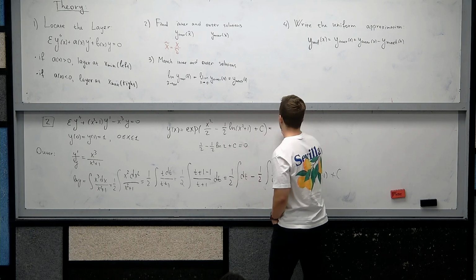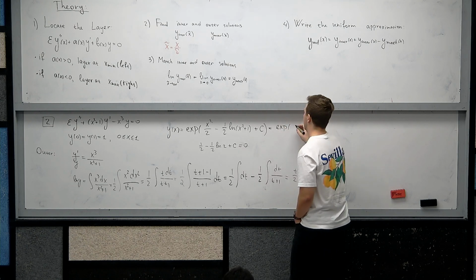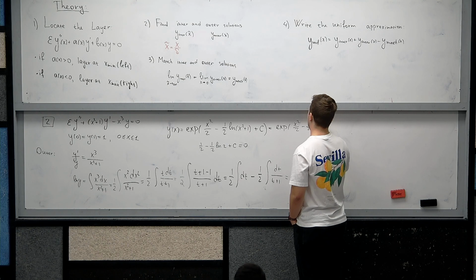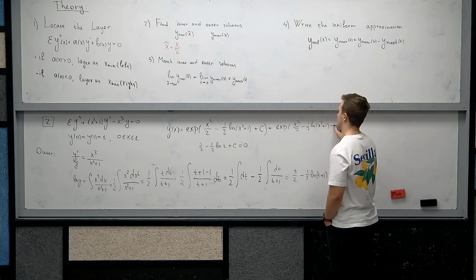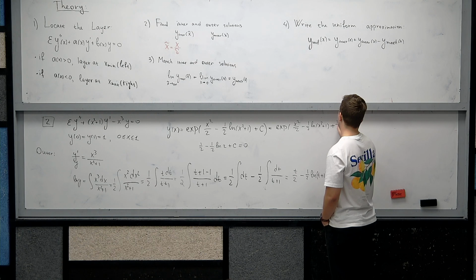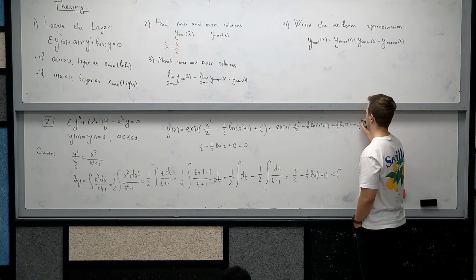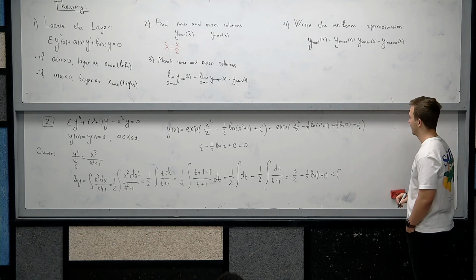Let's find c. Exponent of x squared over 2 minus 1 half ln x squared plus 1 plus 1 half ln of 2 minus 1 half.